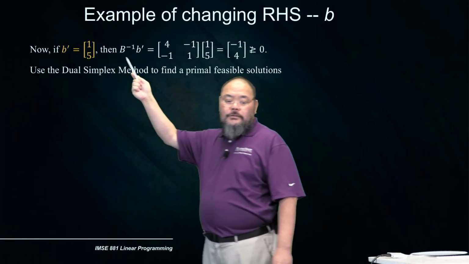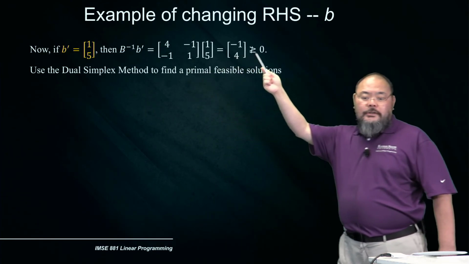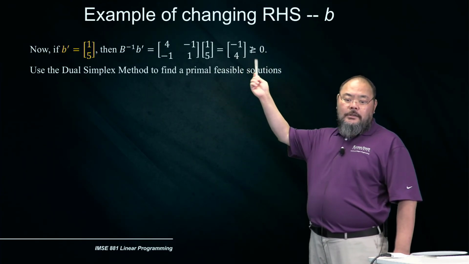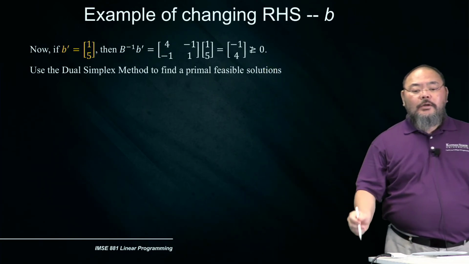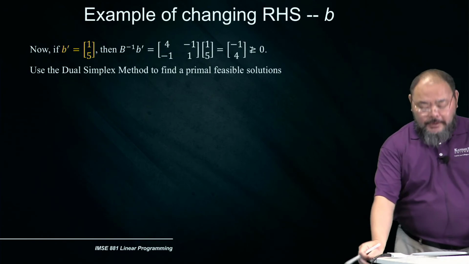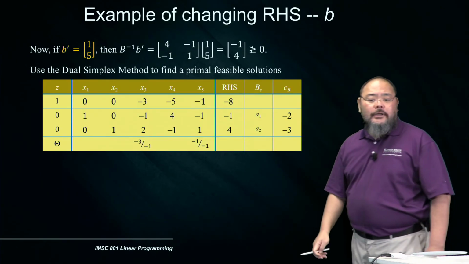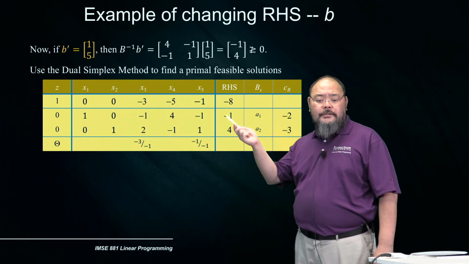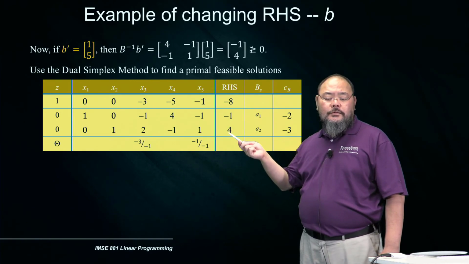So B inverse times b prime equals negative 1 and 4. So it no longer maintains the non-negative constraint. So x1 actually at this moment becomes negative 1. Let's take a look at the simplex tableau right now, after the right-hand side changes. So x1 becomes negative 1, x2 becomes 4.